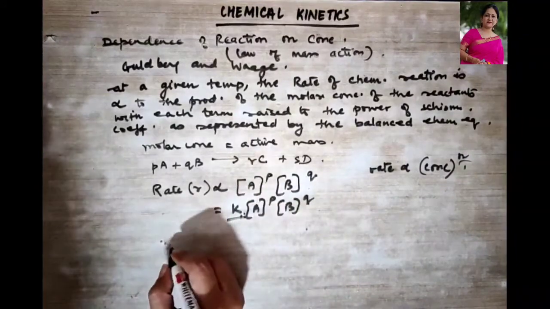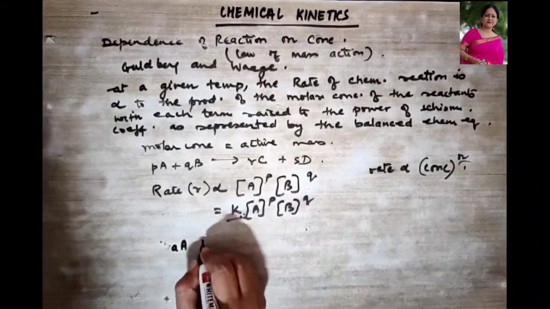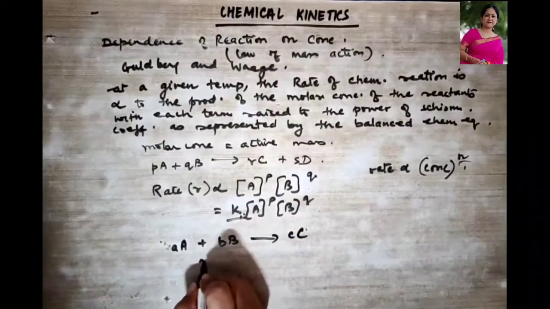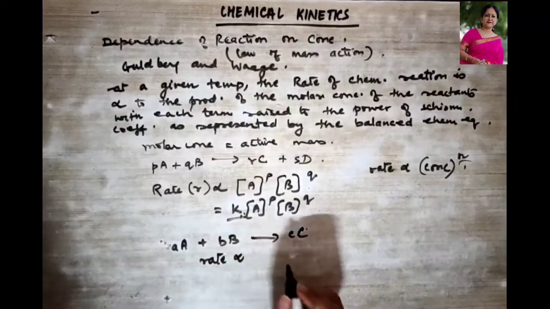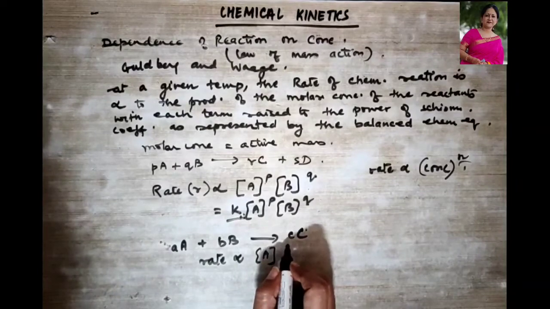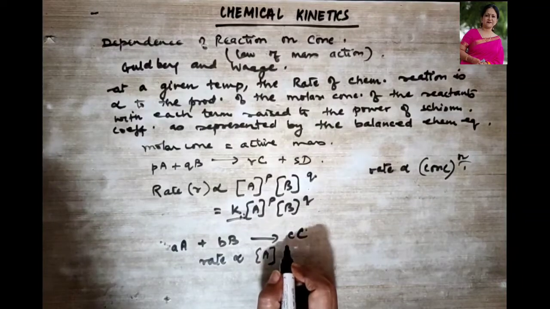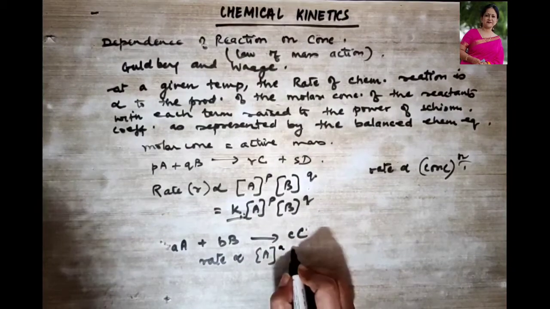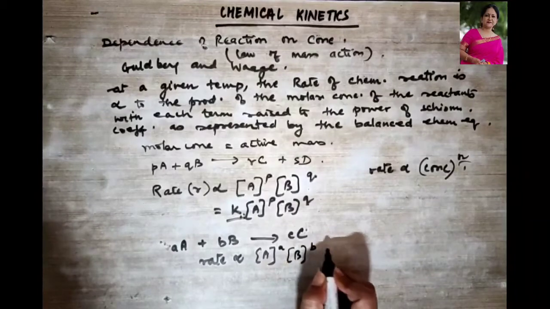Now let's see another example, like aA plus bB, this is going to give us C. So now over here, rate will be directly proportional to what? A to the power of a, B to the power of b, right?